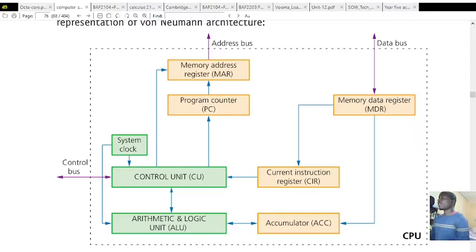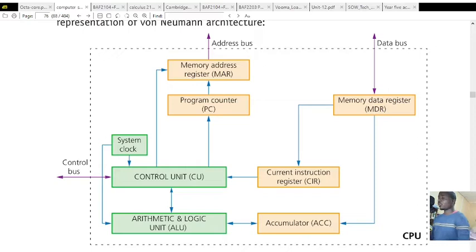So that's how it is. Later on I'm going to help you understand how the execution normally takes place, but that's how this design of the CPU, proposed and implemented by John von Neumann, was structured and how it worked.